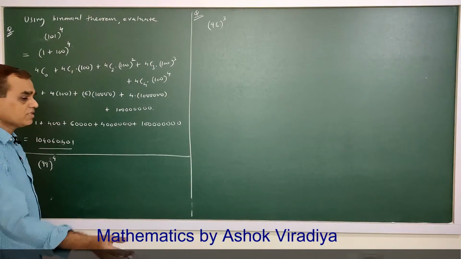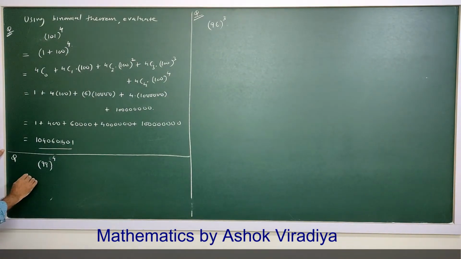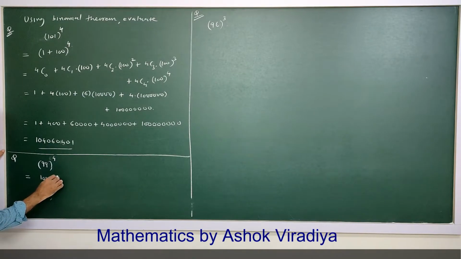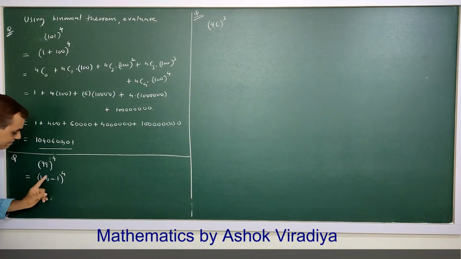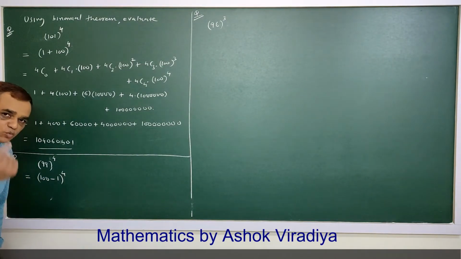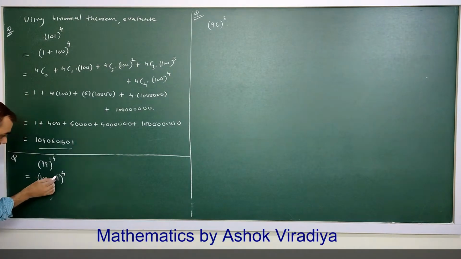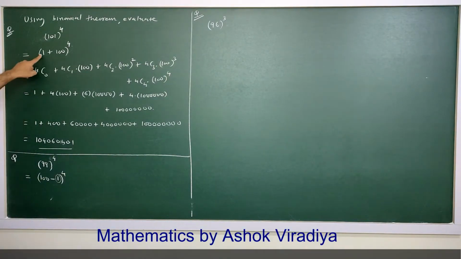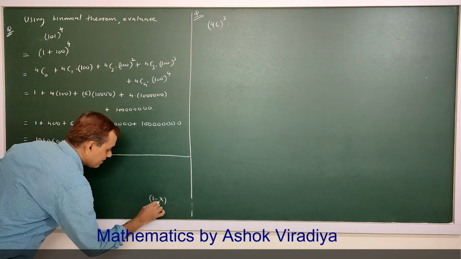Then what is the procedure? 99 can be taken as 100 minus 1. Now see, whenever you get one number from a and b with value 1, as we used (1 plus x) raised to n, here we can use (1 minus x) raised to n.